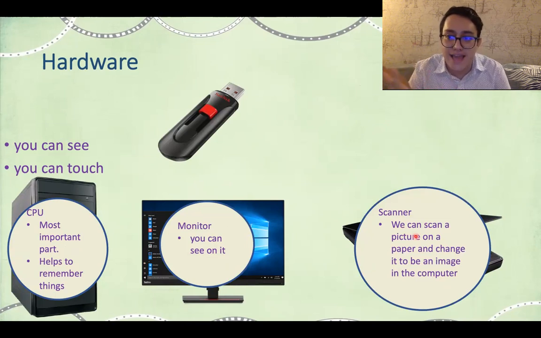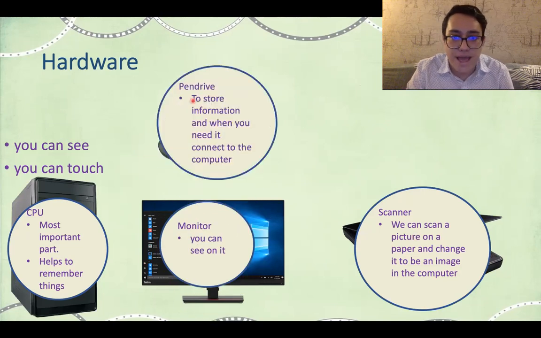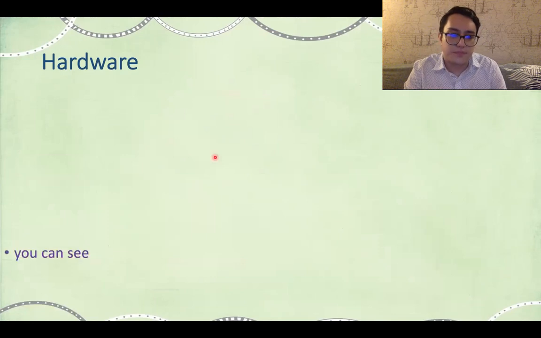Next one, we got a pen drive. A pen drive to store information, and when you need it, to connect and use it. Okay, so you have to connect to the computer and use it there.